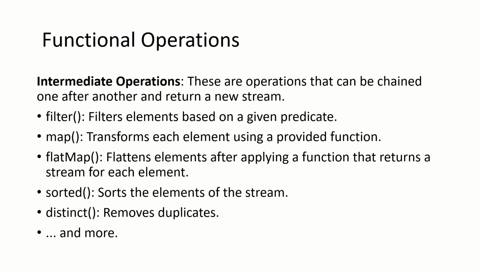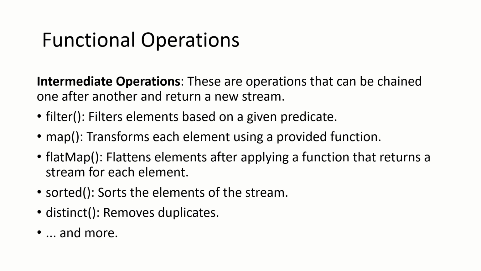First of all, we are going to discuss the intermediate operations. These operations can be chained one after another and return a stream. Let me explain. Let's say you have a list of elements. You converted that list into a stream through some function.